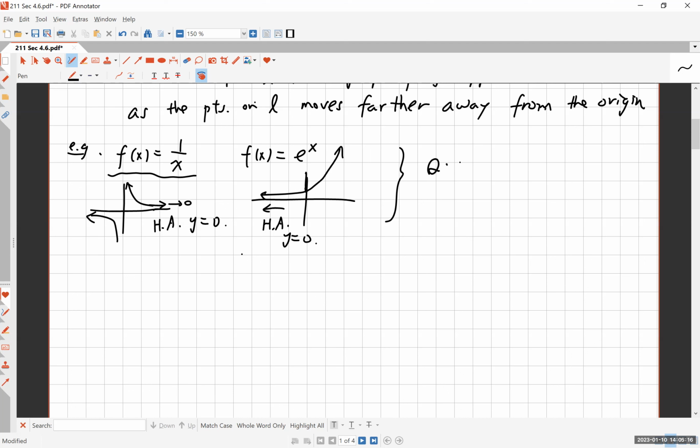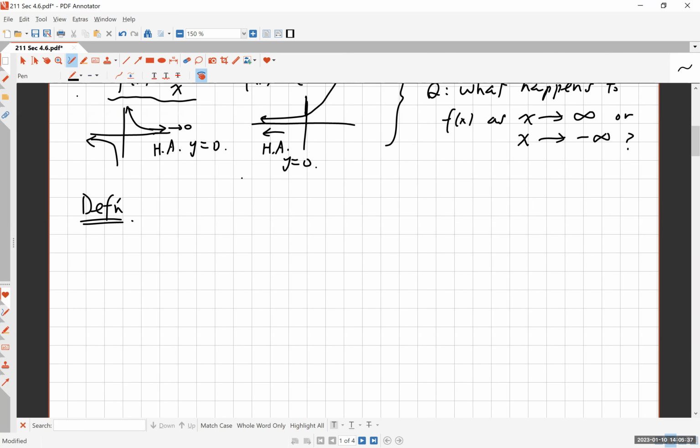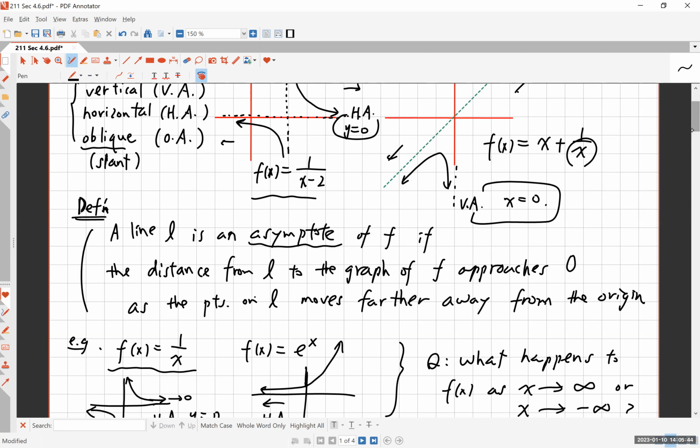So the question here is, what happens to f of x as x approaches infinity and or as x approaches negative infinity. And so here is the first official definition that we are going to learn in this section, besides the asymptote, which we tried our best to represent.